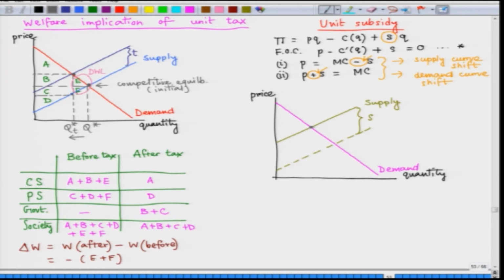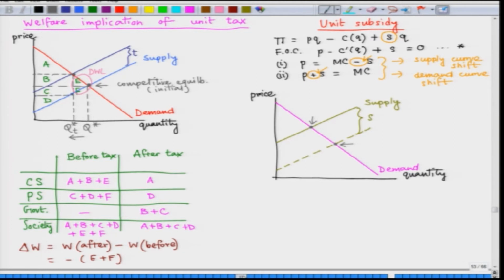Okay. Now, let us look at the equilibrium and let us plot the equilibrium quantities, mark them. Okay. So, this is basically my competitive market equilibrium, the initial equilibrium, and the changed one is basically this one down here. Okay.